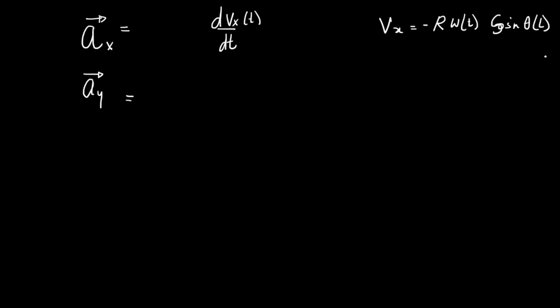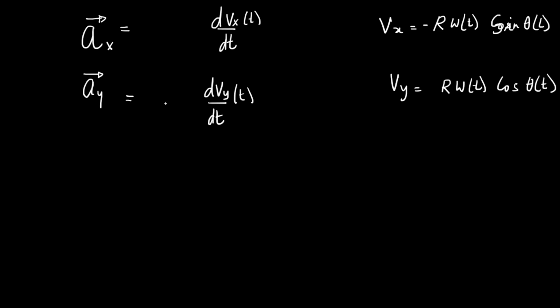Okay, right. And then what is vy? Vy is dvy by dt, and this vy is equal to r omega cos theta. Right. So now this is the messy part, and we have to do it.